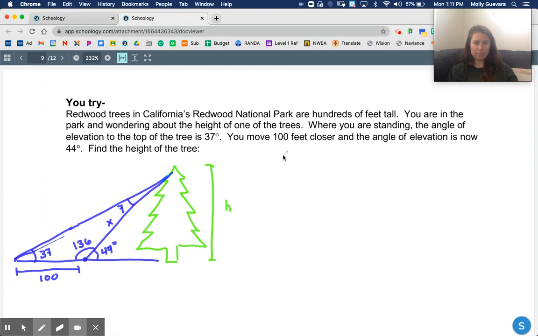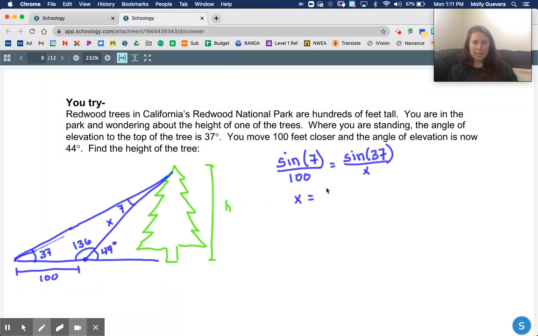Sorry, I'm blanking. So I can do sine of the angle I know, which is 7, divided by the side, which is 100, equals sine of 37 over x. Solve.